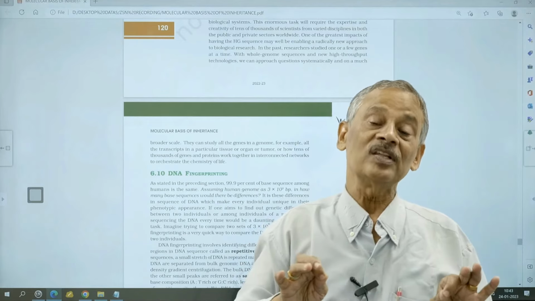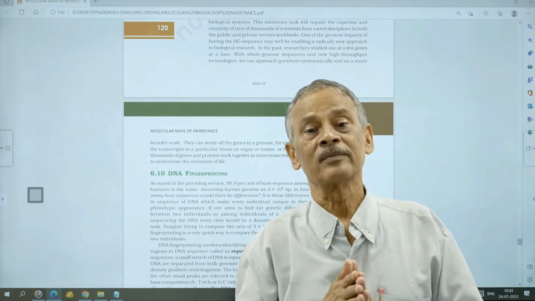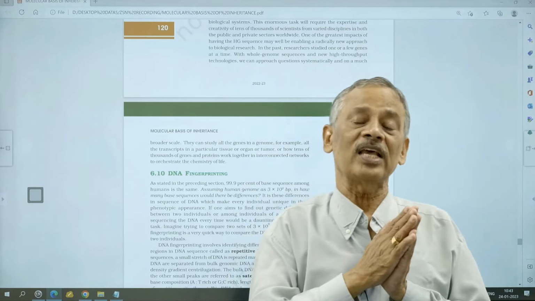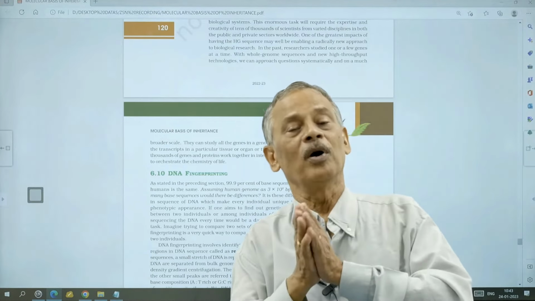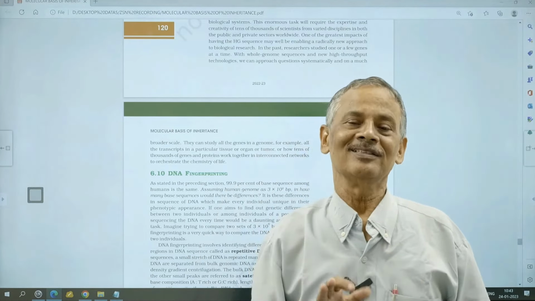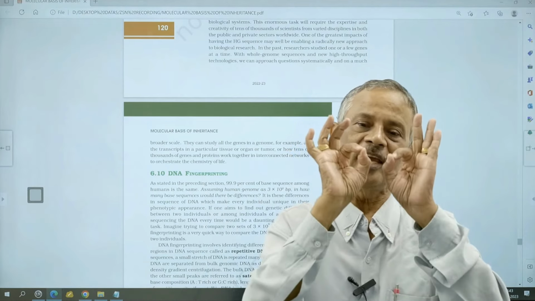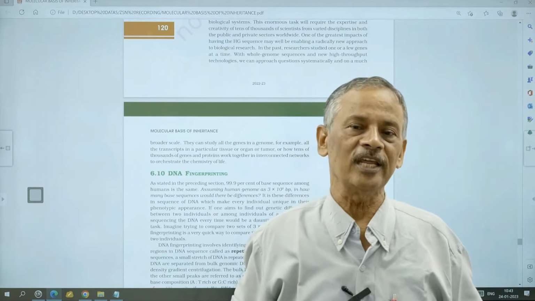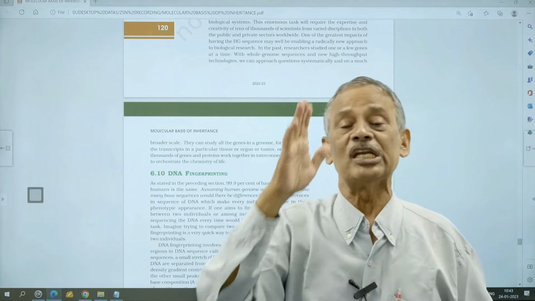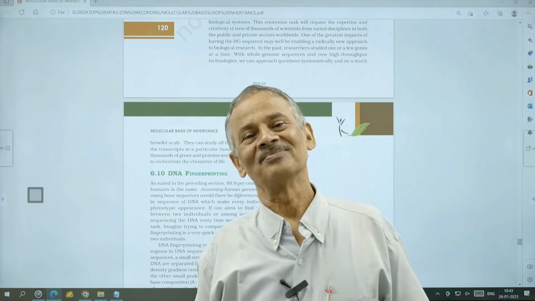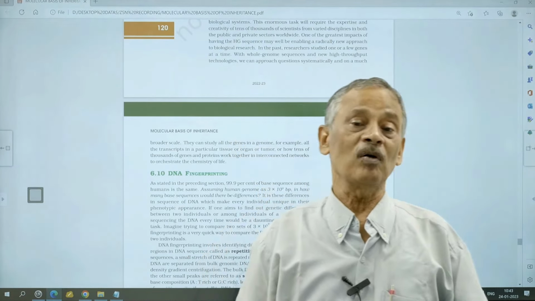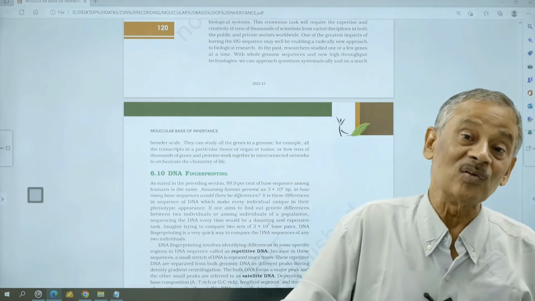Whether it is a WBC or a saliva cell or sperm or a hair, all these cells have the same polymorphism of DNA. So, any cell is sufficient to identify. DNA polymorphism will be different for different chromosomes.